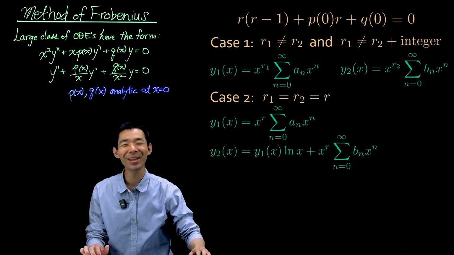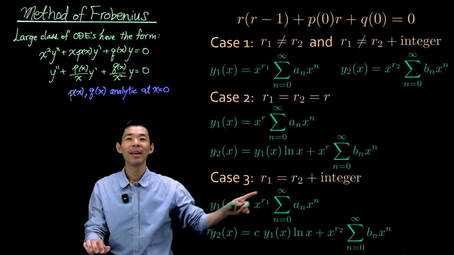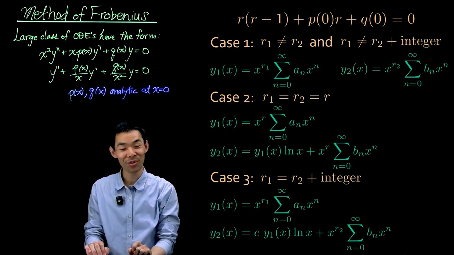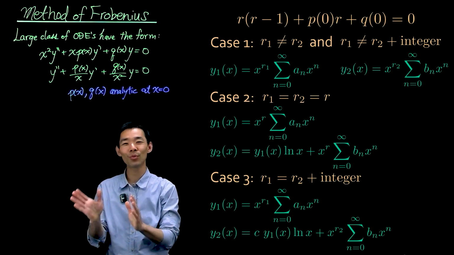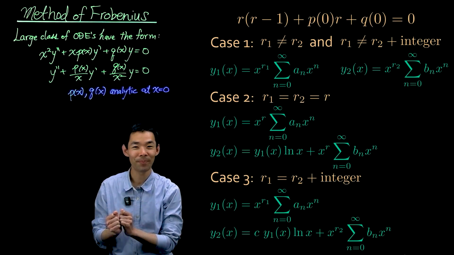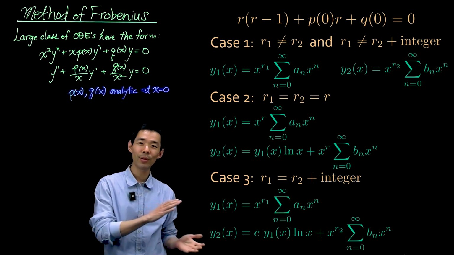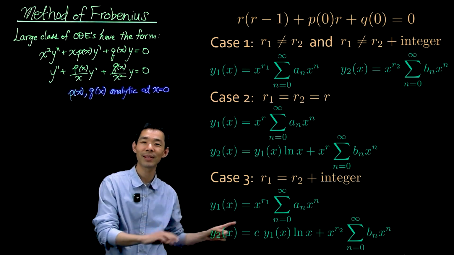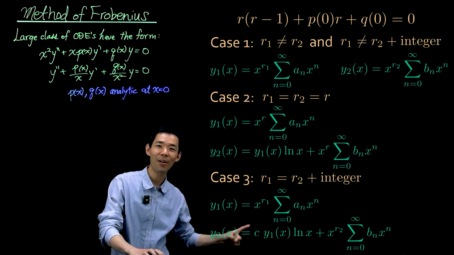Lastly, case 3 is a situation where R1 and R2 differ by an integer. So you obtain your two roots, they're distinct from each other, they're offset by an integer. In that case, the solution looks similar to case 2, except there's one subtle difference. There's a factor of c out in front.